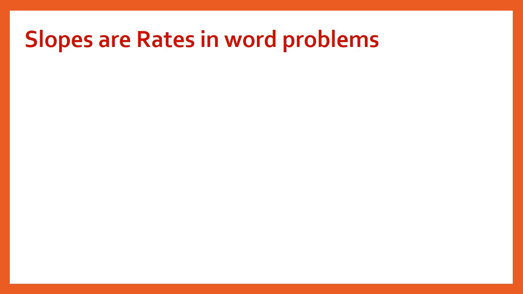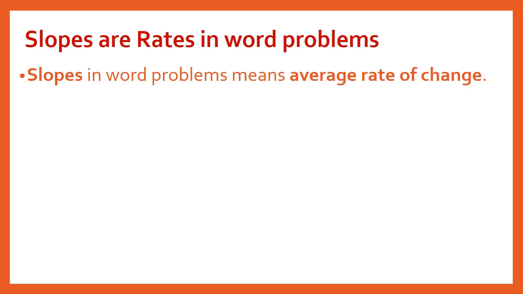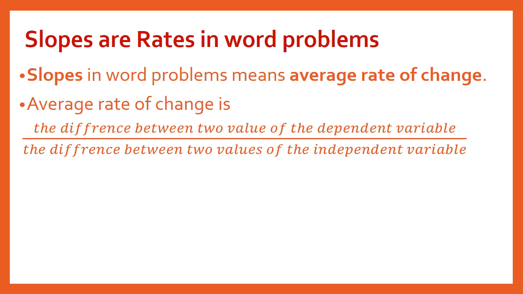Slopes in word problems are average rate of change. The average rate of change is the difference between 2 values of the dependent variable divided by the difference between 2 values of the independent variable. So every time you see the word slope in word problems, that means the average rate of change.